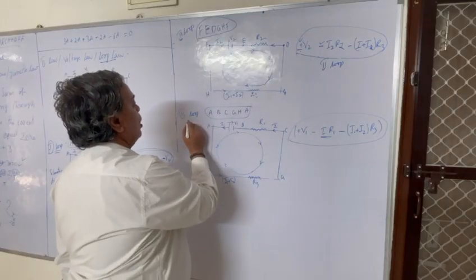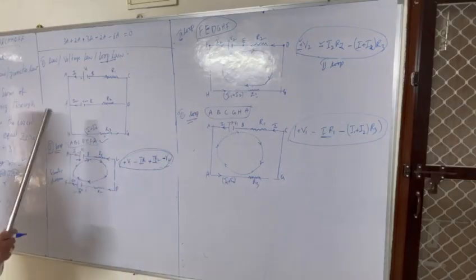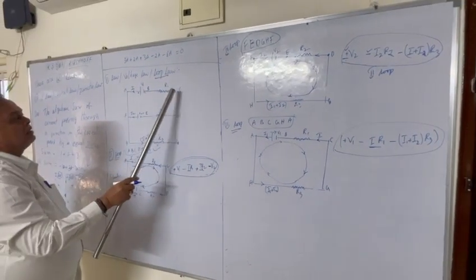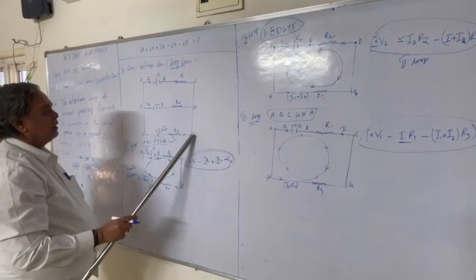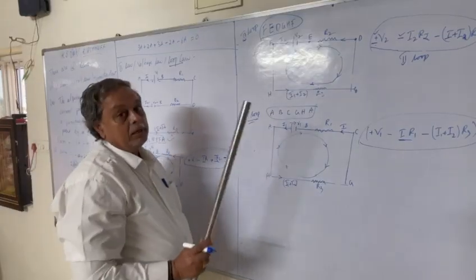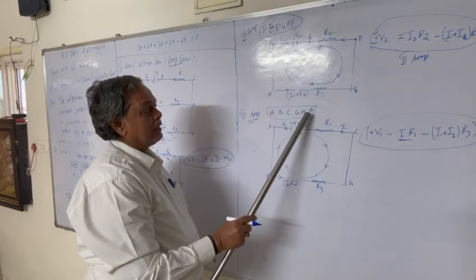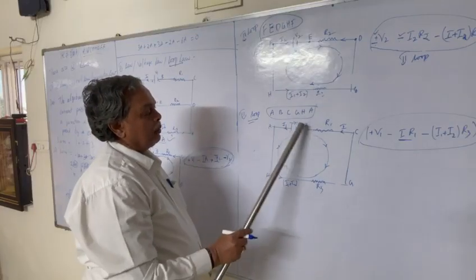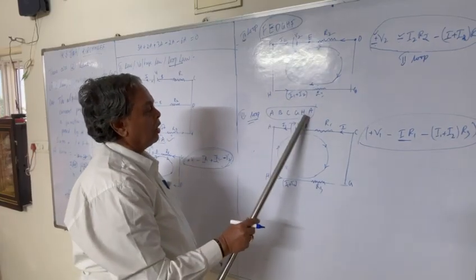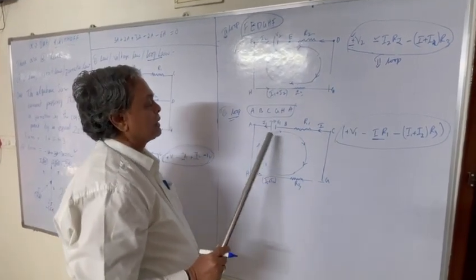Later I have told the third loop. What is the third loop? Here A, B, C, G, H, A is the third loop in this first figure given in the textbook.